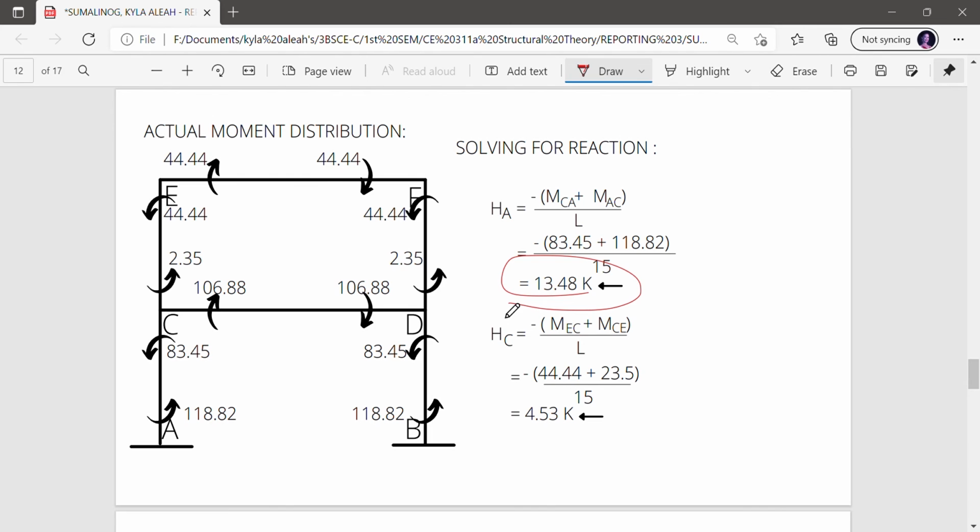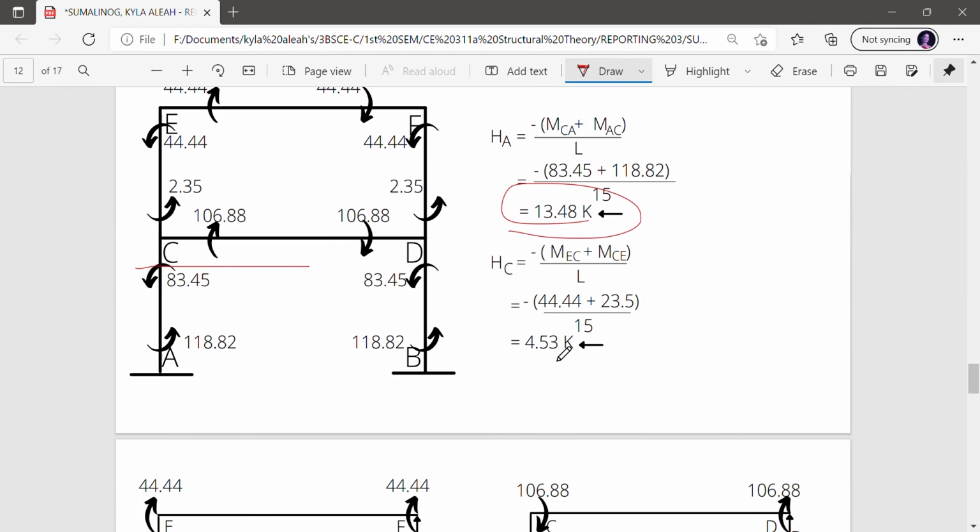And for HC, that will be negative (MEC plus MCE) over the length, which is (44.44 plus 23.5) over 15, that is 4.53 kips, and again it is negative.